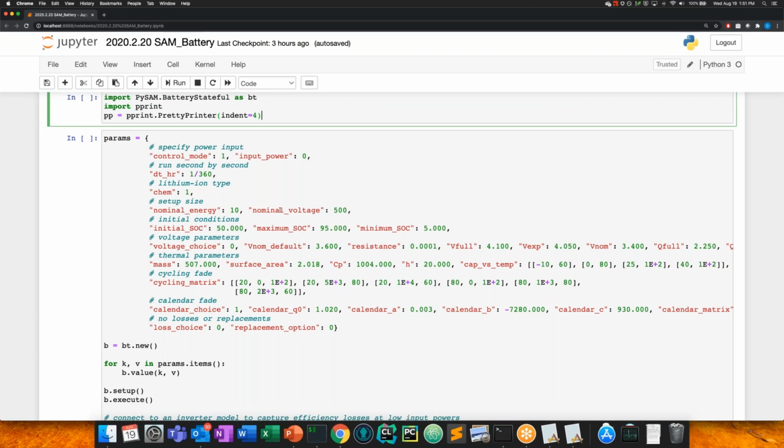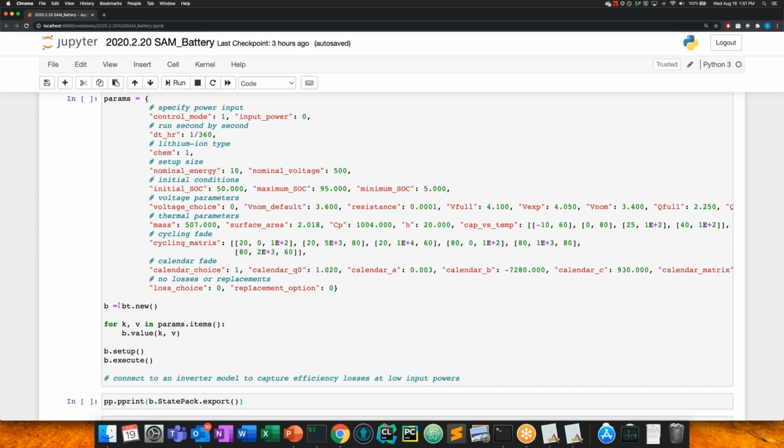We have the size and our nominal bank voltage, as well as what chemistry we want. But now we can change the time step to be sub-minute. So here I've set it to run on a second-by-second basis. And I would like to control this battery using power rather than current, so that's what this control mode of 1 is. So now I'm going to create a new instance of the battery and set up all of these parameters.